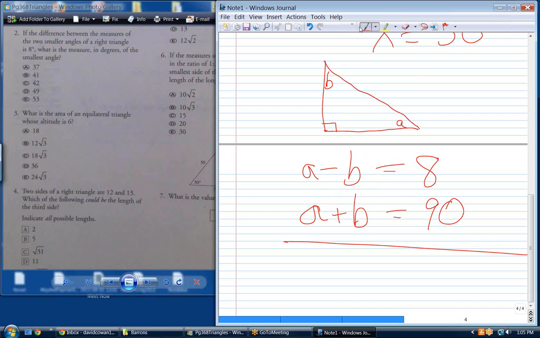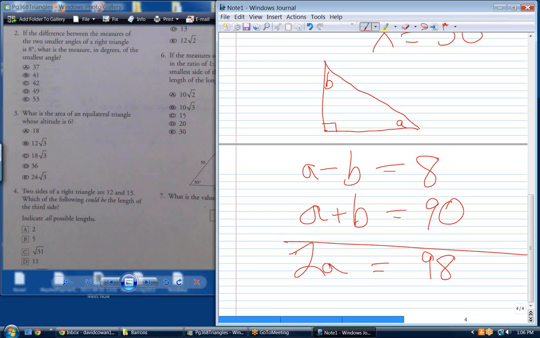You say A minus B plus 8 minus 8 is equal to A plus B minus 90? Well, no, we can't state that this is equal to that, but you can always add equations or subtract equations. So if we add these two equations together, what do we get? You get 2A equals 98. Notice that the b's cancel.